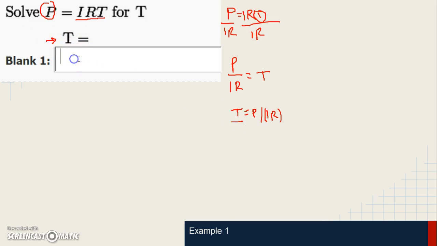So t equals p, and it needs to be a capital because it's a capital in our equation, divided by IR. That's the way that I would enter it, like if I was answering it in Schoology.